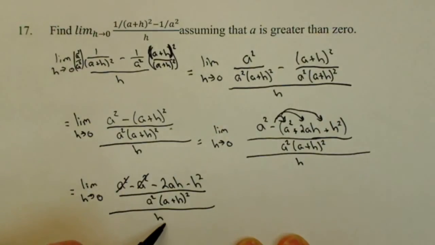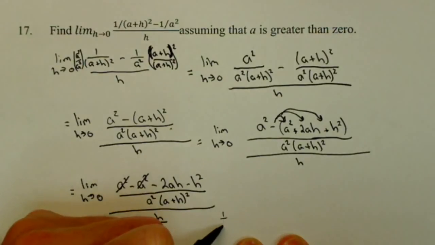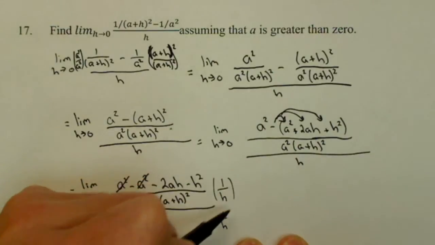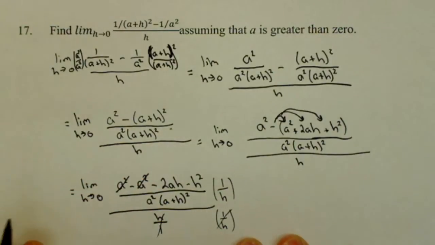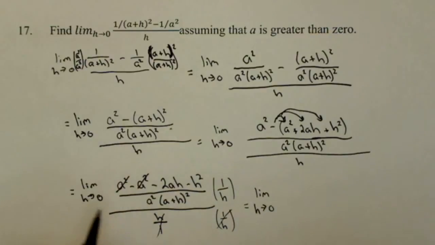The other thing I'm going to do is write this as h over 1, because I'm sick of having a fraction and a fraction, and that's going to allow me to flip it and multiply. So essentially, I'm going to multiply the top and the bottom by 1 over h. Now you're going to see in a second why that's so nice, because I've got the limit as h approaches 0.